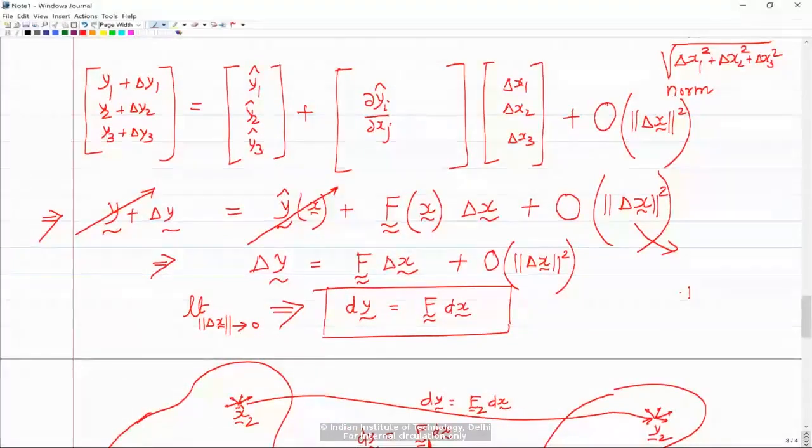Okay, any other question? But sir, in the previous lecture you told y cap is mapping from x to y, and y is mapping from O to y. Then how is it equal? Y is a mapping from O to y, O meaning the particle to y, the actual body.